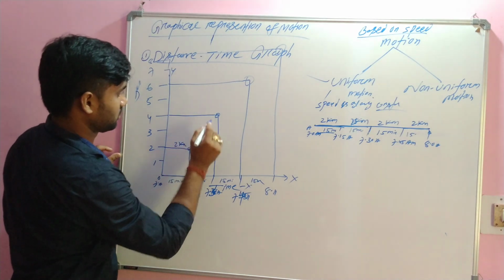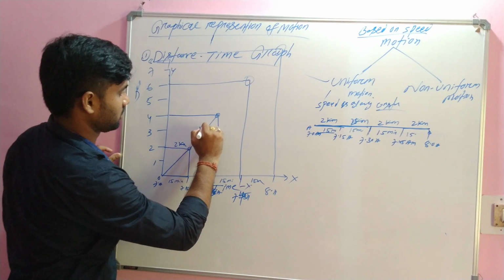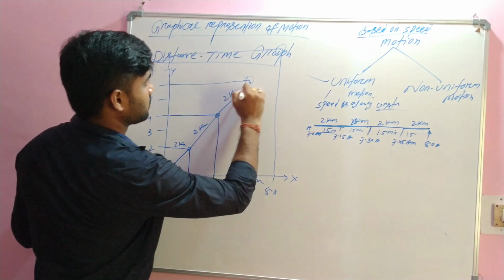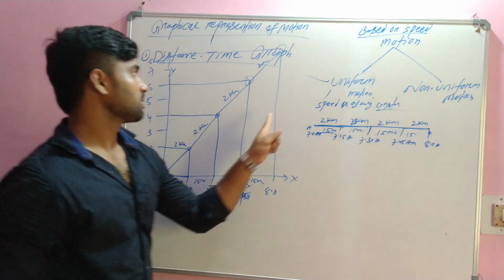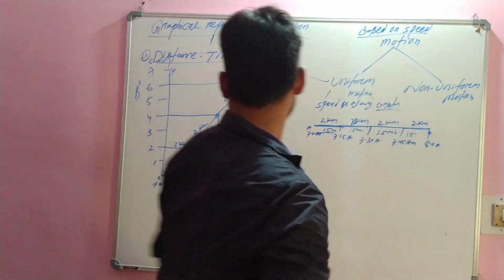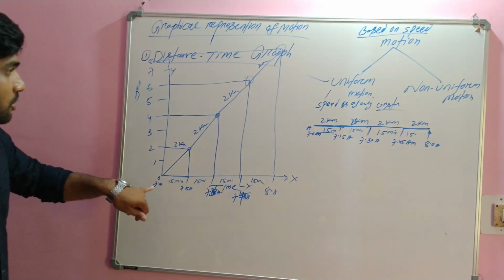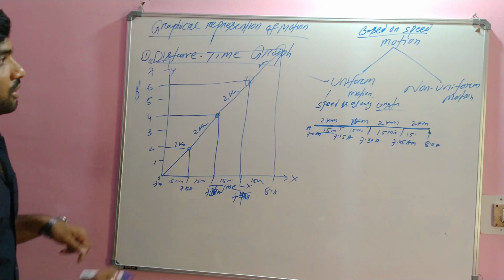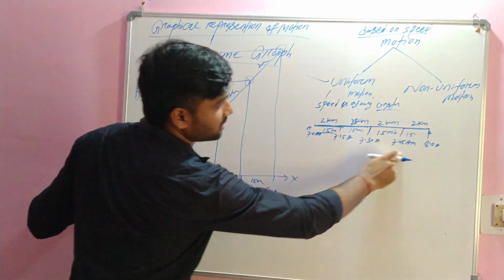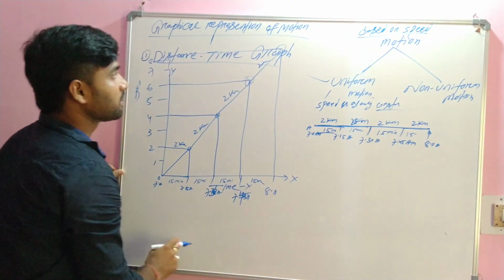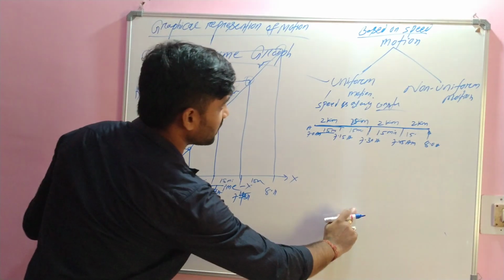So we conclude that when the object moves with constant speed, when we represent it on a distance time graph, the line is always a straight line.